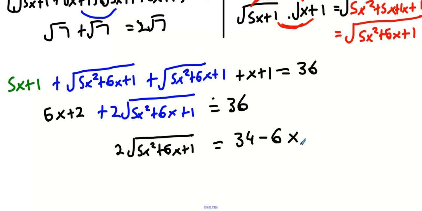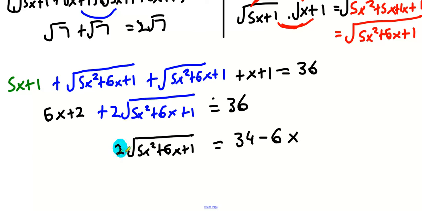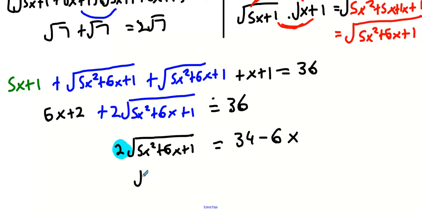I can divide both sides by 2, can't I? What's the reason for that? There's 2 of them, isn't there? So if I divide both sides by 2. Everybody happy with 17 minus 3x?